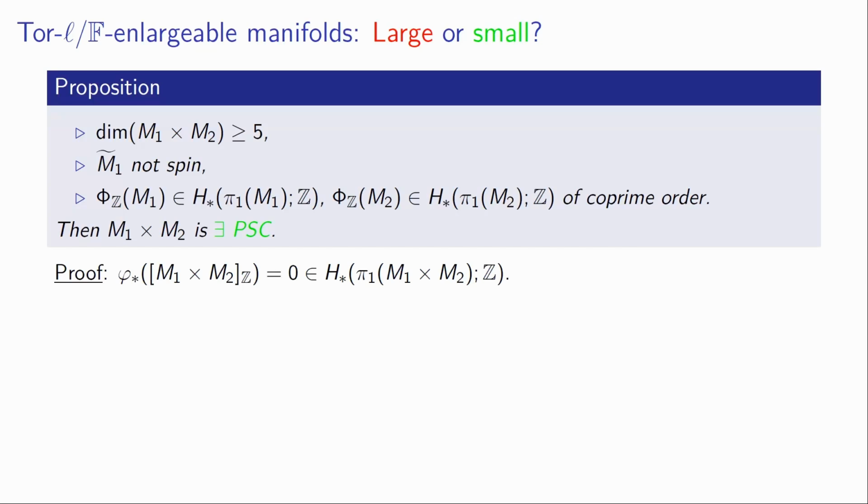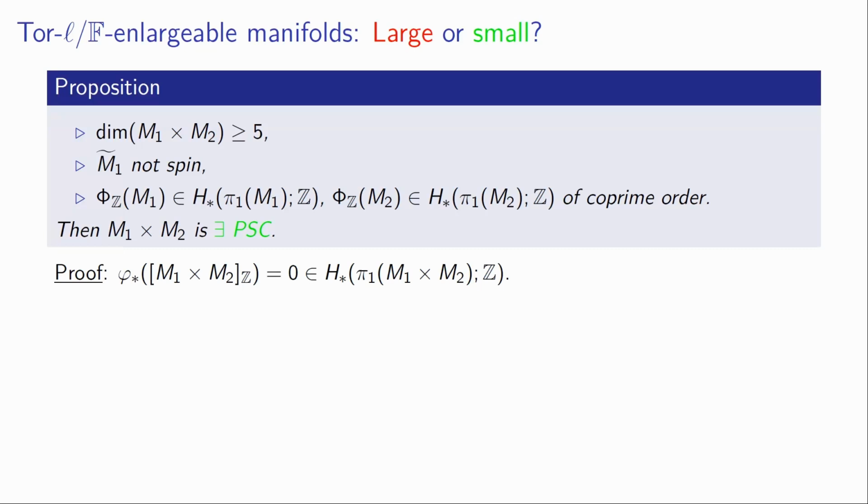This is very easy, and the 0 class in group homology is always of positive scalar curvature, because what you can do is just take a sphere of the respective dimension, a manifold which admits positive scalar curvature, take a map to B pi 1 of M1 cross M2, and take the image of the fundamental class, and this has positive scalar curvature, of course.